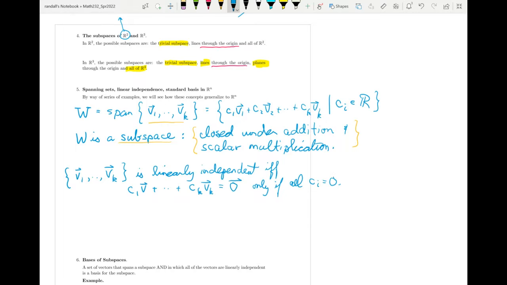Of course, this particular linear combination will be zero if the C's are all zero. So there's always one selection of C's which makes this linear combination zero. But if that's the only one, then it's linearly independent.